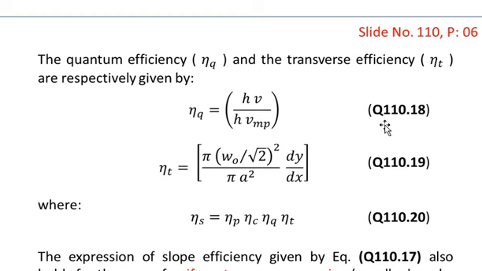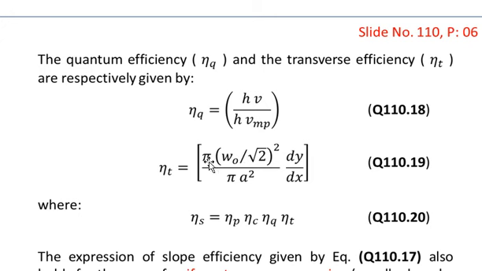The quantum efficiency eta q and the transverse efficiency eta t are respectively given by eta q is equal to h nu divided by h nu mp. This has already been discussed in previous slides, and eta t is given by, you can see that in the numerator we have pi into w naught over square root of 2, the square of this whole quantity, which is the beam radius.